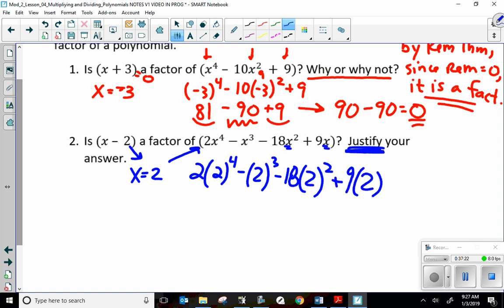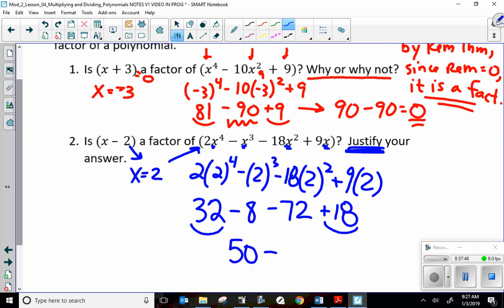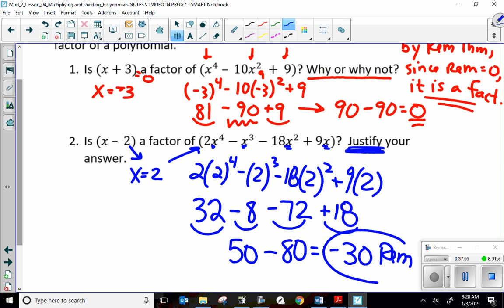I just plugged a 2 in for all these x's. 2 to the fourth is 16, times 2 is 32, minus 8. 4 times 18 is 72, so minus 72 plus 18. 32 and 18 will give me a positive 50. Minus 8 and minus 72 is minus 80. That's -30. That's your remainder. Your remainder is -30.